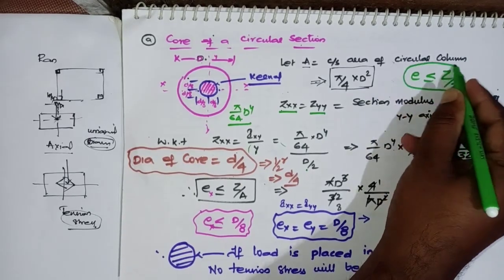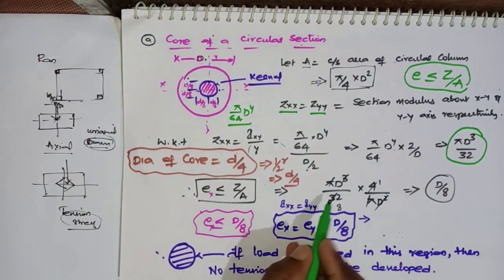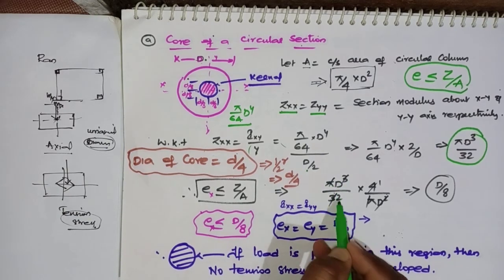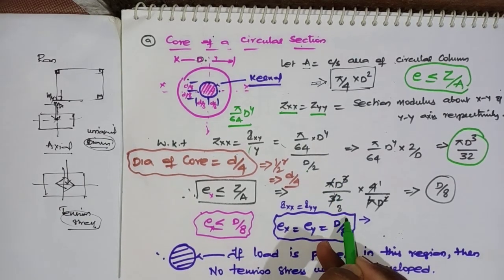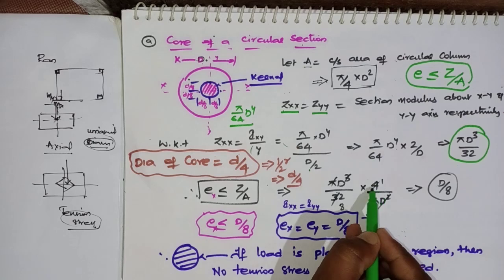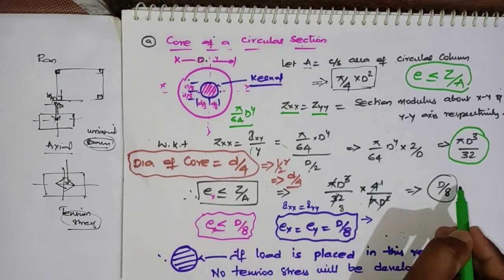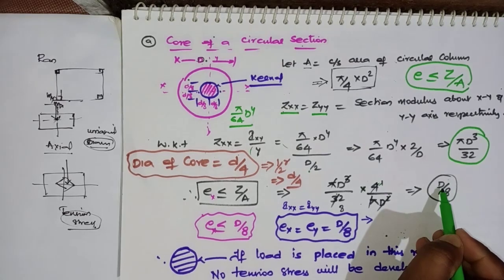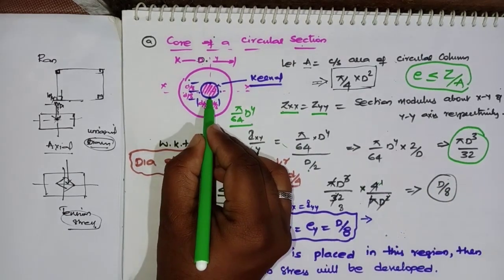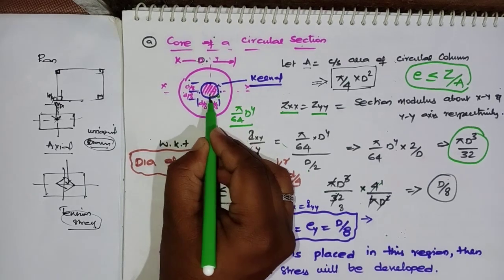So here, Z is pi D cube by 32, divided by pi D square by 4, which means multiplying by 4 by pi D square. After solving, you get eccentricity equals D by 8. So this portion from the center to here is eccentricity D by 8.